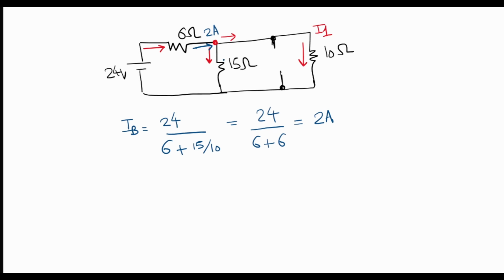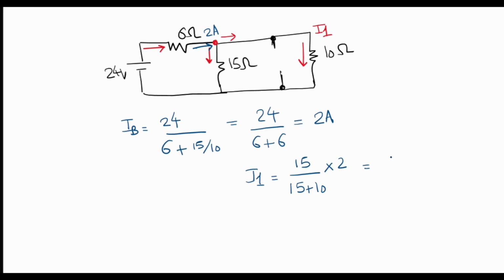So 2 amps flow to this point. So the 2 amps at this point get divided into the 15 ohm resistor and the 10 ohm resistor. So applying current division at this node, I1 will equal 15 divided by 15 plus 10 multiplied by 2.